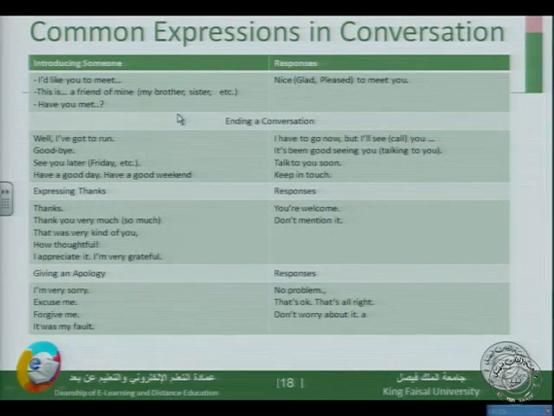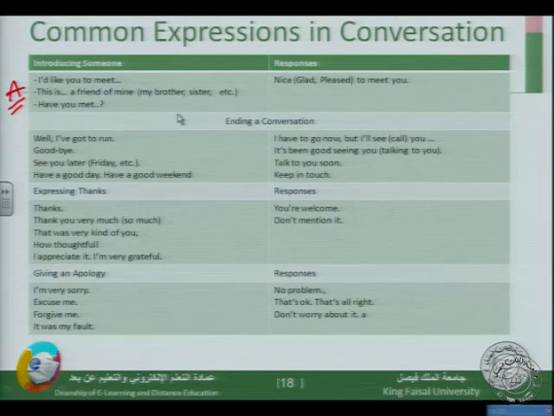For example, if you want to introduce someone, your friend, your brother, your father, you can use expressions like, I would like you to meet my brother, or this is my brother, this is a friend of mine. Have you met my brother? So this is speaker number A. He can introduce someone by using these expressions.